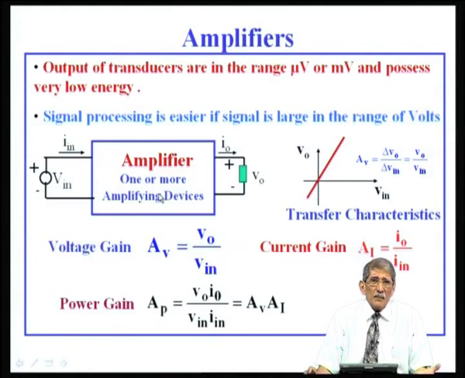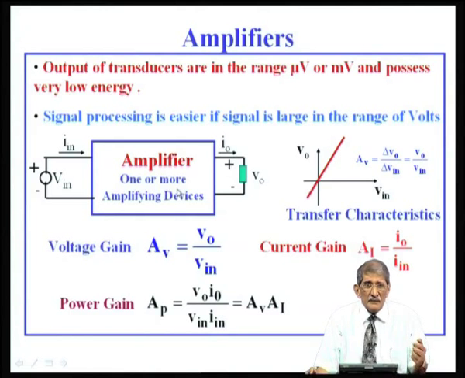Whenever you use an op amp circuit, you have to switch on the power supply, and power is supplied to this amplifier. The source of power is the DC power supply. So, if the power of the input signal has got amplified and you have got more power output, that extra power has come from this DC power supply. So, that is the purpose of the power supply.